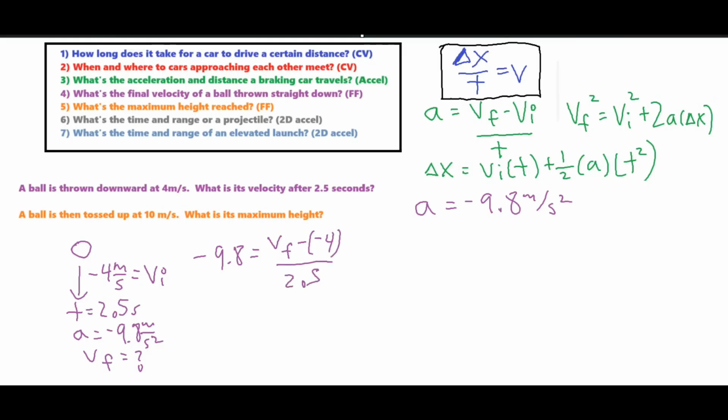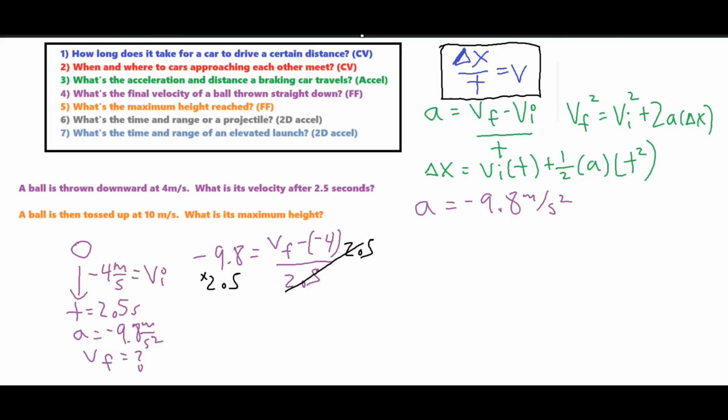Now for this one, that negative is going to be very important, and you're subtracting the negative, which is basically adding it. You're going to multiply both sides by 2.5 first, so that you don't have a fraction on the right side.